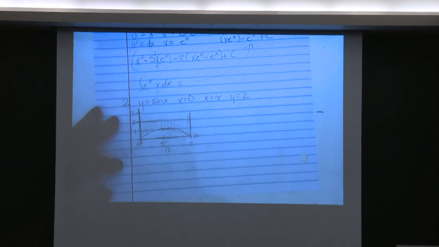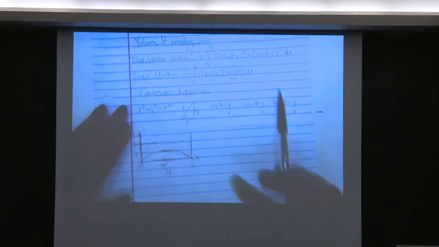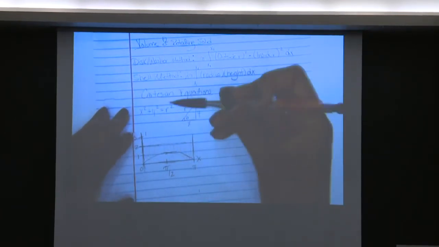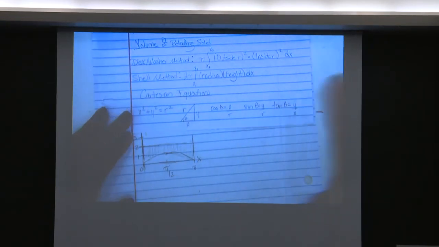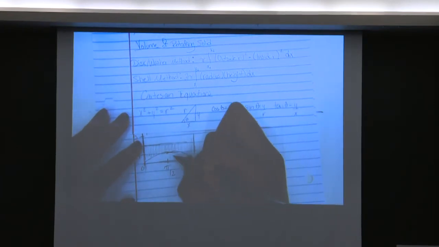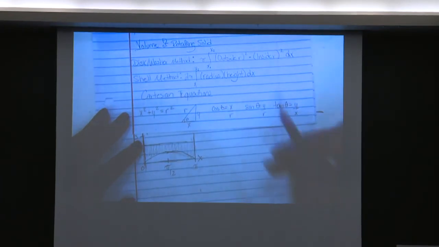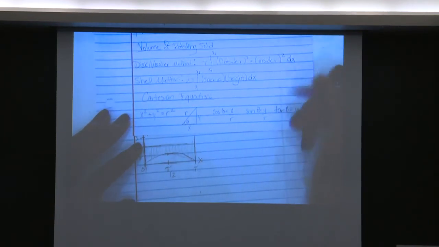So now I have to take the volume, and my equation for volume is also on this little thing I'm going to post. Disk washer method around the x-axis, so it's going to be going this way. I'm going to be using the washer method. Disk is the same thing, it just doesn't have a hole in it. Washer just has a hole in it, as you can see with this little white space. So I'm using my washer method, which is my outside radius minus my inside radius.